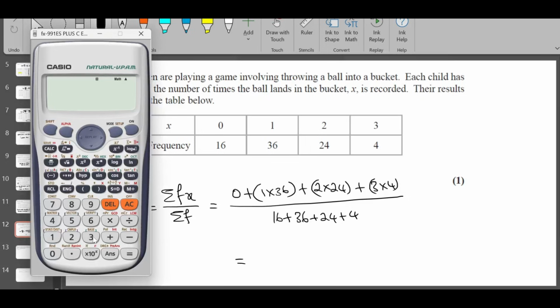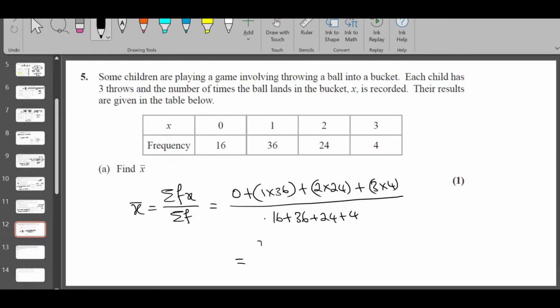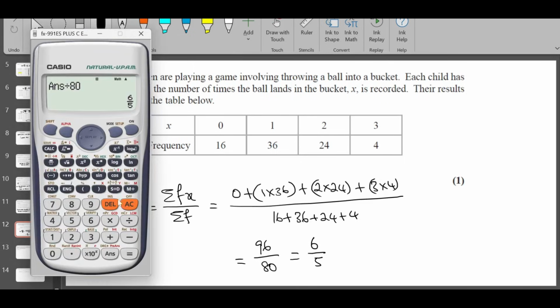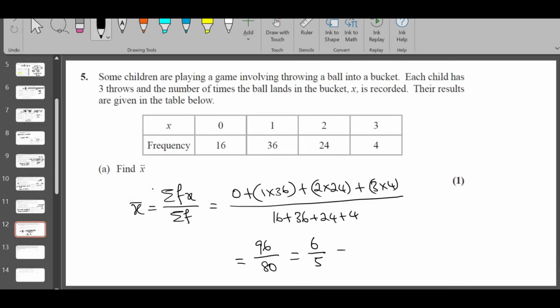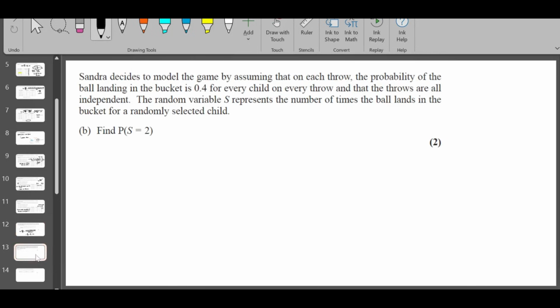So that's going to be 36 plus 48, 2 times 24, plus 12, which is 96 over 80. 96 over 80 is 6 over 5, which is 1.2. That's all. Just a 2 mark question.